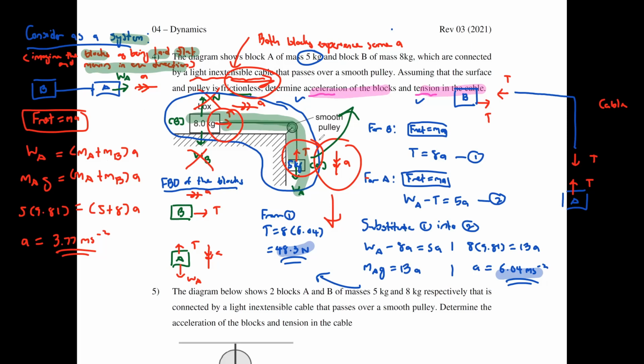The reason is because I substituted something wrong in the original equation. If you just look back at this line here, I said substitute 1 into 2, WA is equal to 8a minus 5a, so MAg is equal to 13a. The mistake that I have here is this.